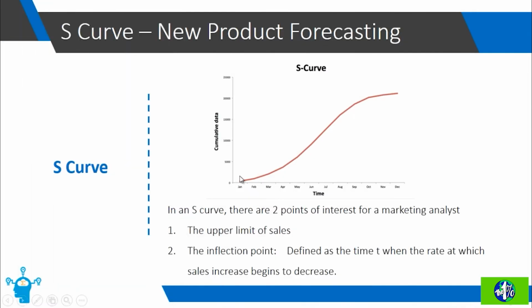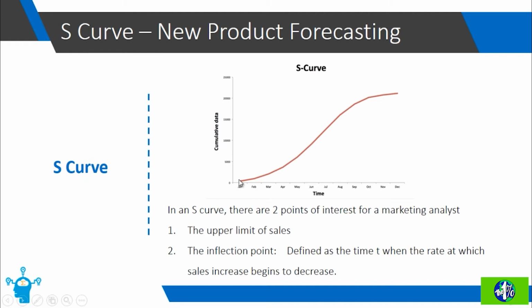So this is how an S curve looks like. On the x-axis, we have time intervals. So it starts at some point, our new product is going to be launched. On the y-axis, we have cumulative data of sales or revenue.